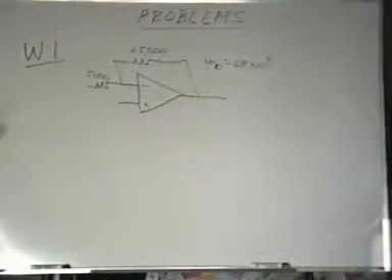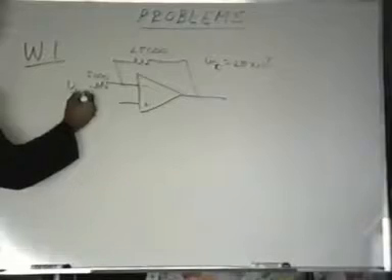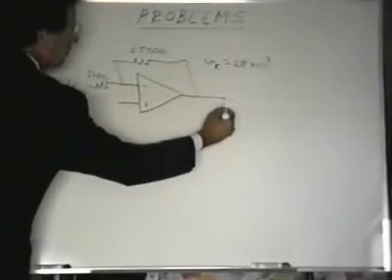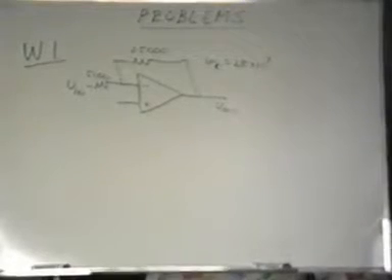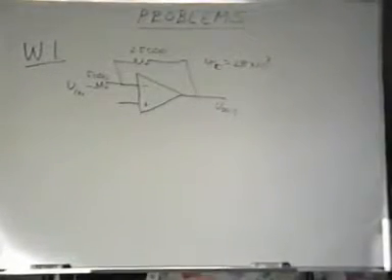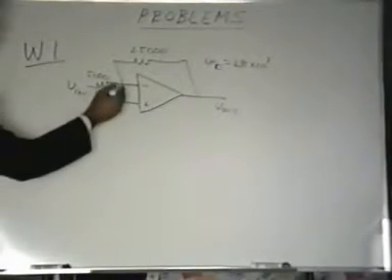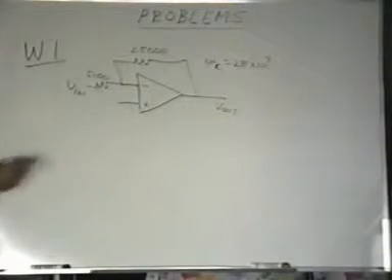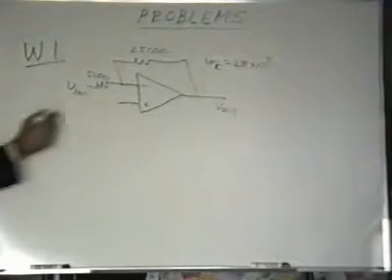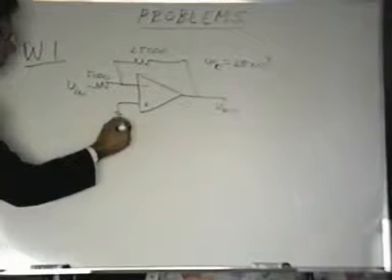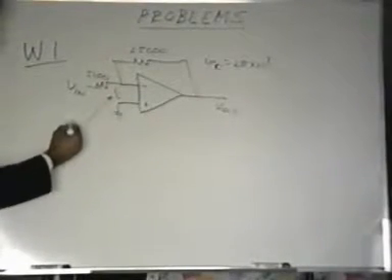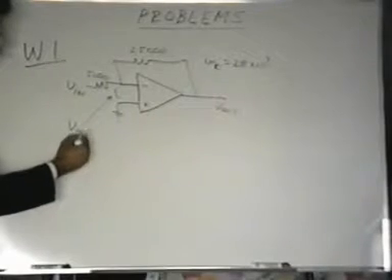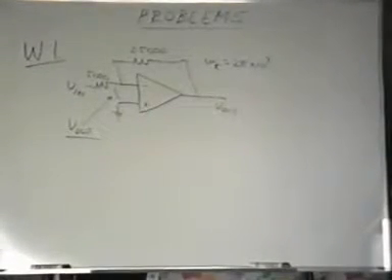Now, if this is the input voltage, Vin, and this is the output voltage at this point, we know that the voltage present across these 2 terminals would be equal to, this is grounded, but the voltage across here would be equal to V out divided by A sub 0.